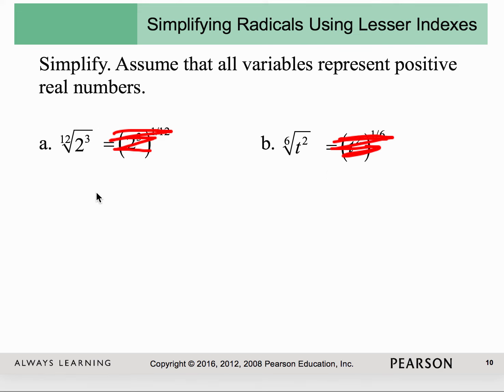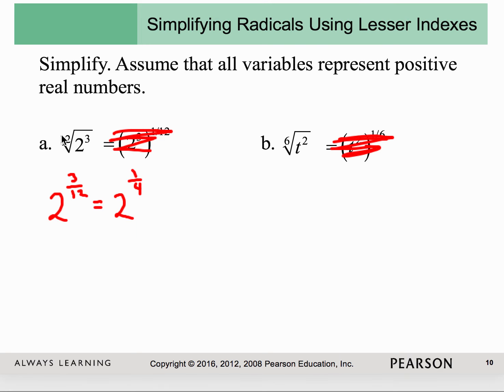Okay. So one thing we can do if we're needing to simplify still, but 12 doesn't go into 3, right? Then I can change this to the exponential form so that I can reduce the fraction, because remember we said they also can't have any factors in common.